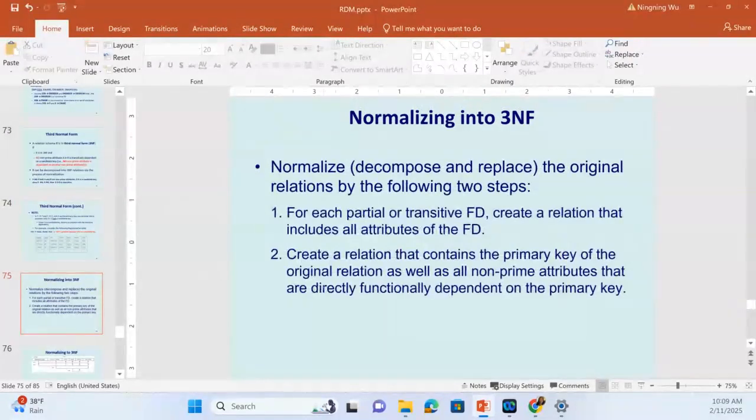Now for the normalization to 3NF. Why do we need to normalize a relation schema into 3NF? I think the main reason is that we want our data not to contain redundant data, and also we want our data to be consistent over time, regardless of how data change.